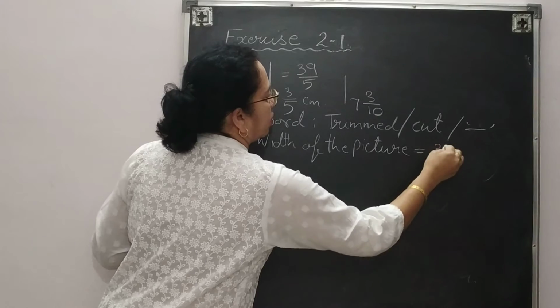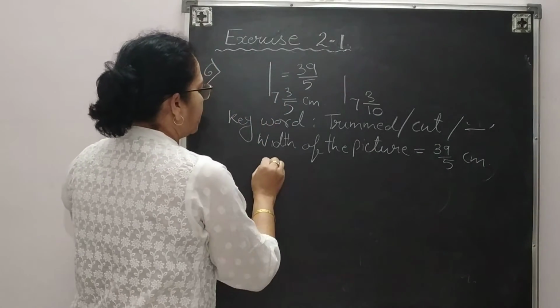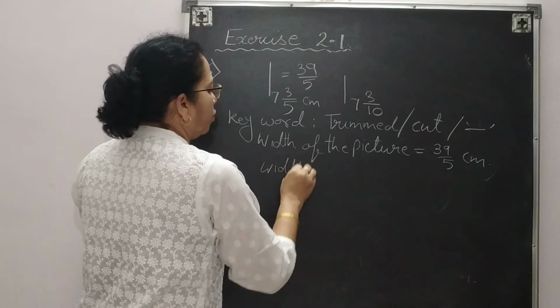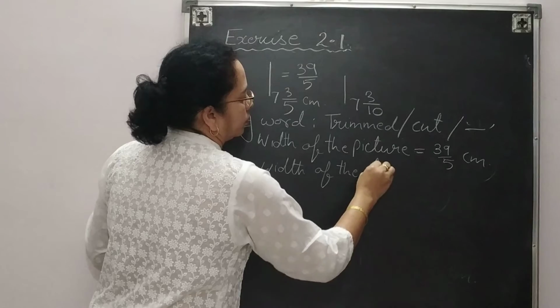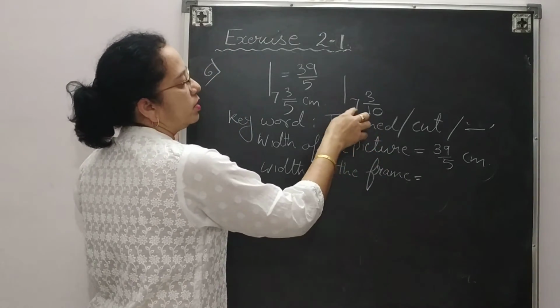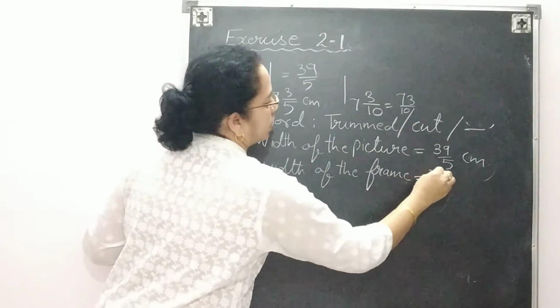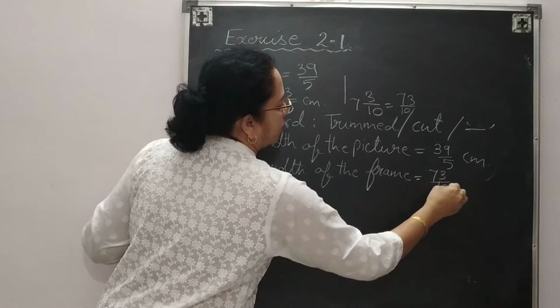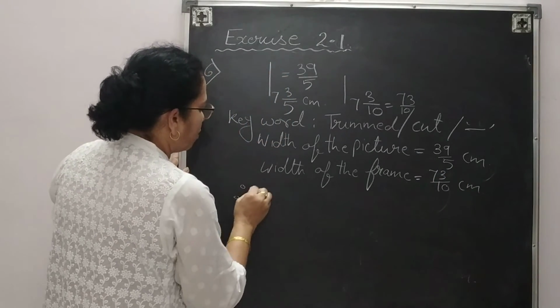So this is 38 upon 5 centimeter. The second statement will be width of the frame is equal to 10 7s are 70 plus 3, 73 upon 10. So this will become 73 upon 10 centimeter.